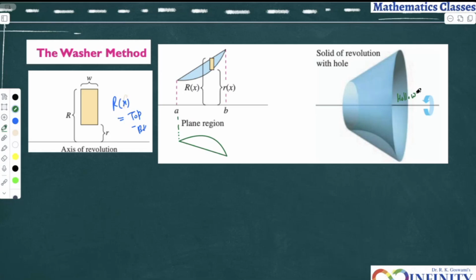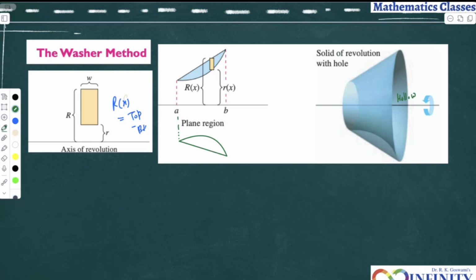Now the question is, can we apply the disk method here? The answer was no, because in the disk method, there was a single curve. We were rotating it about a horizontal line. Now we are rotating a region. We are rotating an area about the x-axis. So we cannot apply the disk method. Now the question is, what is the formula for the volume?